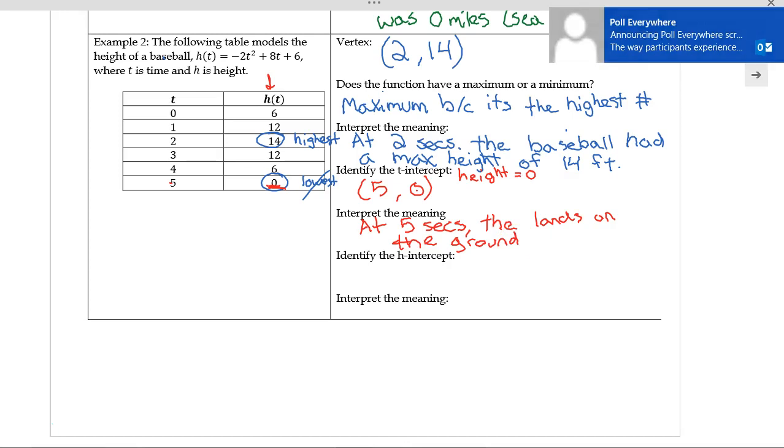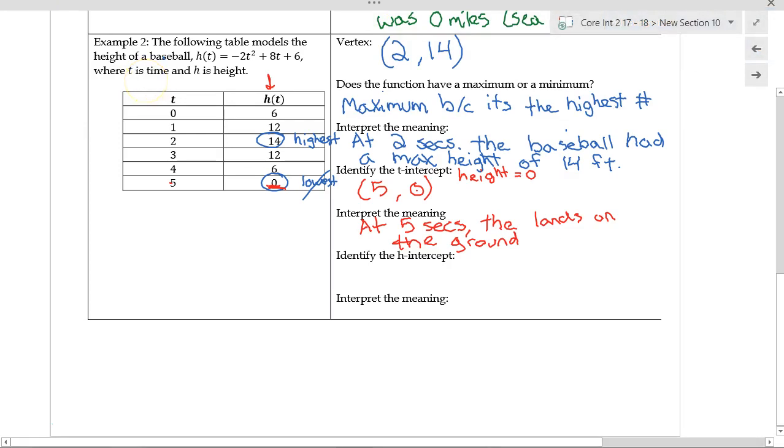Alright, identify the h-intercept. Again, h-intercept is when time equals 0. So looking at our time, 0 there, (0, 6). Okay, remember, if time is 0, that's the beginning.